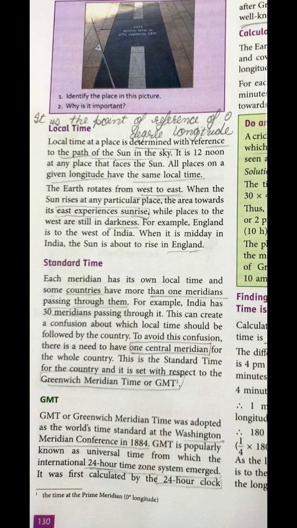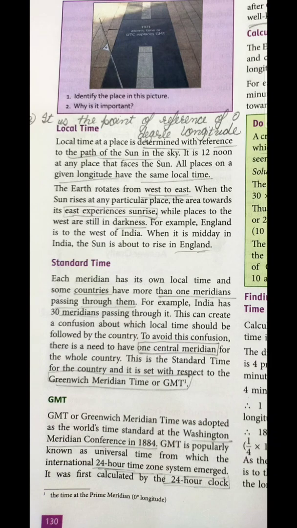So this standard time for the country is set with respect to the Greenwich meridian time, which is represented by GMT. This time was adopted by the whole world at the Washington Meridian Conference in 1884.